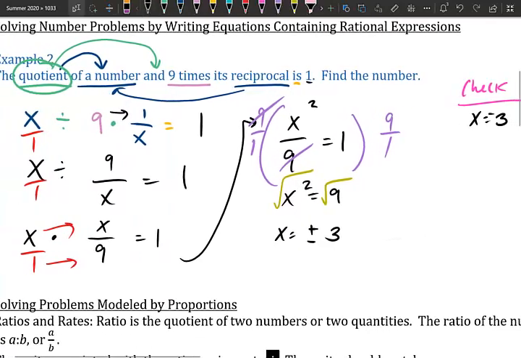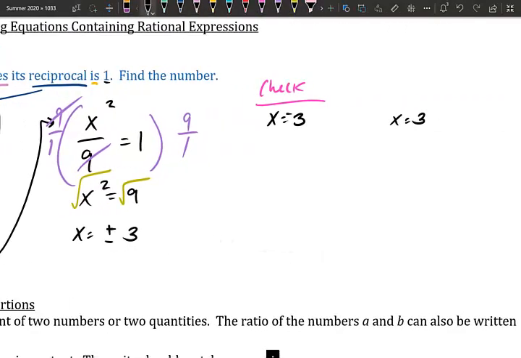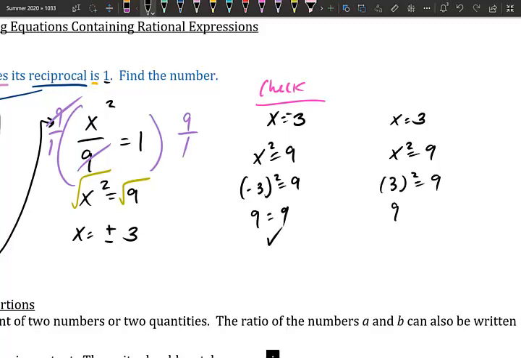So let's do it in the simplified version, x squared equals 9. So negative 3 squared equals 9. Yep, that works. 3 squared, yep, that's 9. So we actually have two numbers that can work for this: negative 3 and 3.